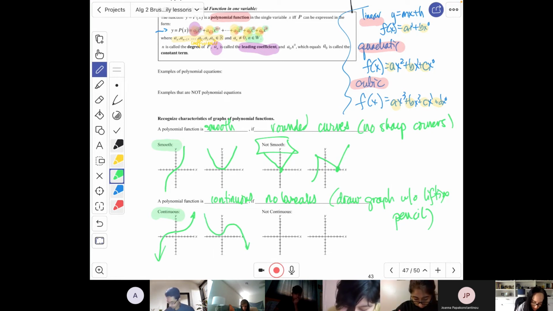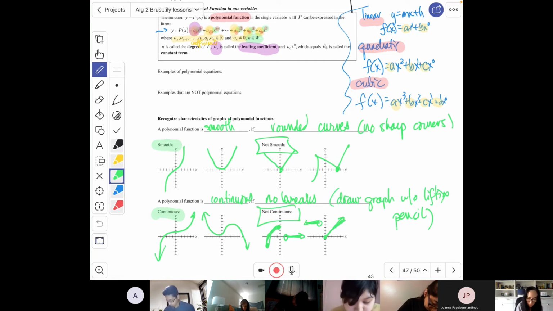That's continuous. Things that are not continuous, right? I would have to lift my pencil to draw that. Or I would have to lift my pencil to draw that. So piecewise functions are not always continuous. They can be. Well, they're piecewise continuous. This is continuous. This is continuous. So each of these pieces is continuous, but the entire graph is not continuous, right?